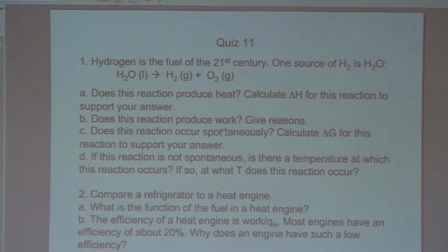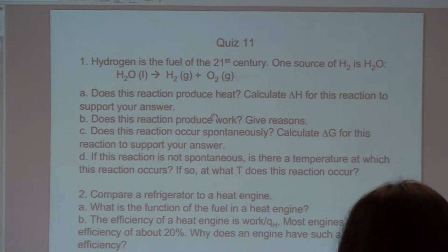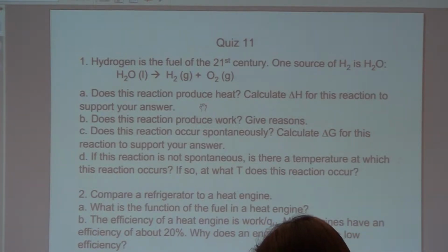For question B, how do you determine whether a reaction produces work? Not delta S. Delta what? Delta N. Yeah, delta N, so what's N? Yeah, so note that it refers to gases. Note that in this equation here, there's only 2 gases out of 3 substances.